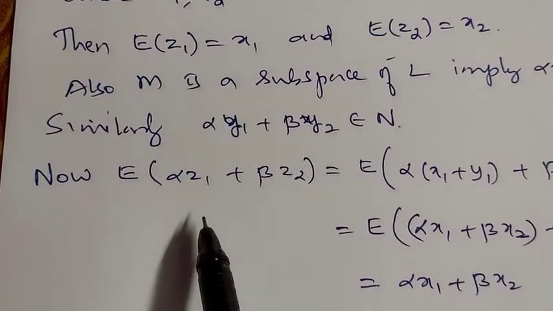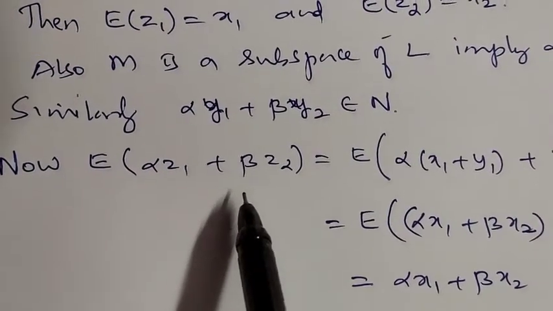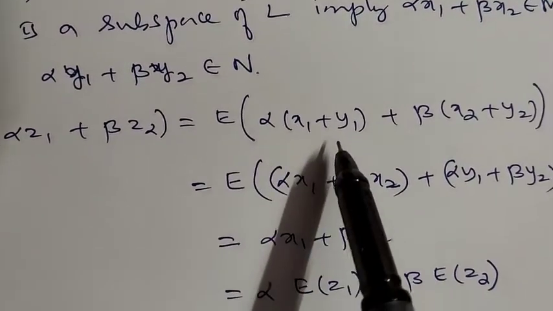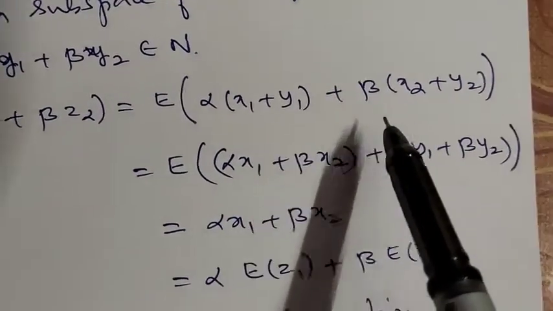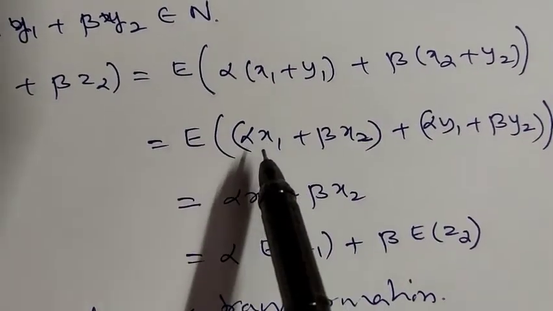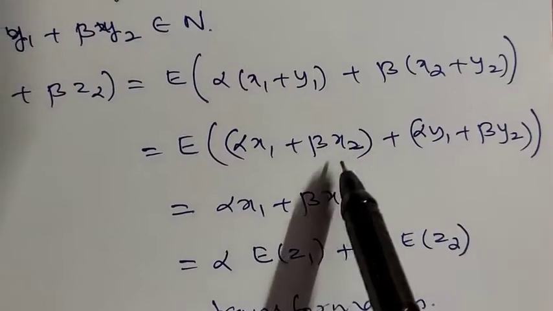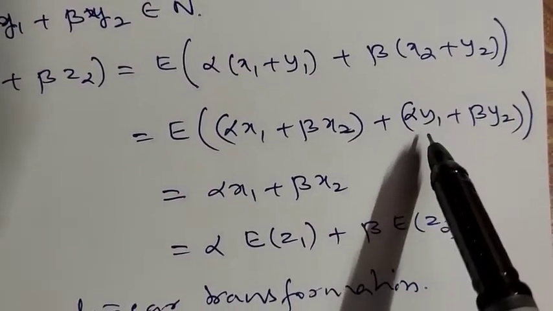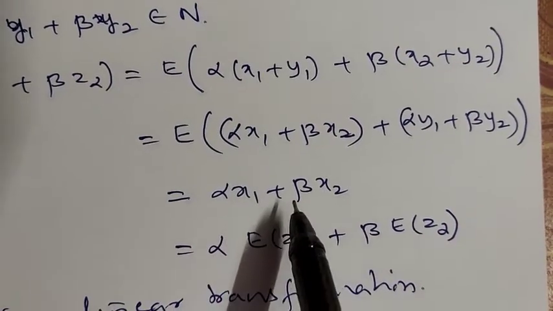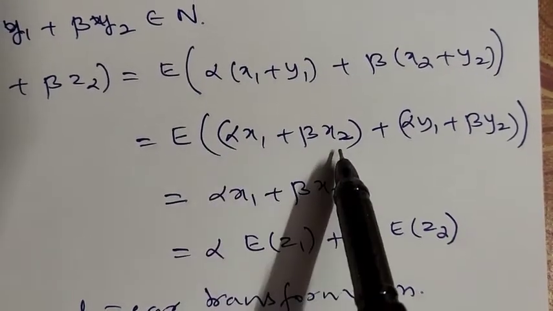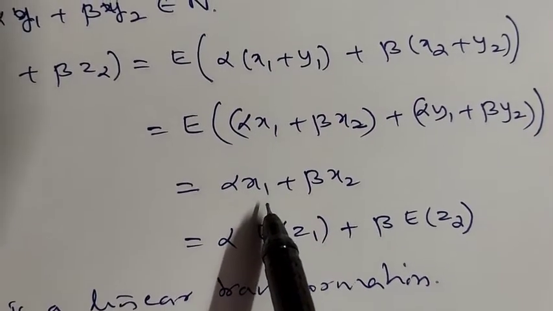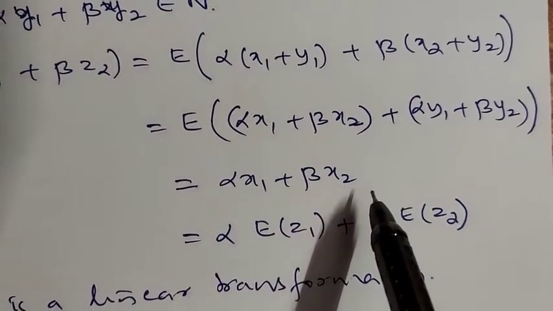Now consider E of alpha z1 plus beta z2. This is equal to E of alpha times x1 plus y1 plus beta times x2 plus y2, which is equal to E of alpha x1 plus beta x2 plus alpha y1 plus beta y2. Because the first part is an element of M and E of x plus y is x, this equals alpha x1 plus beta x2.